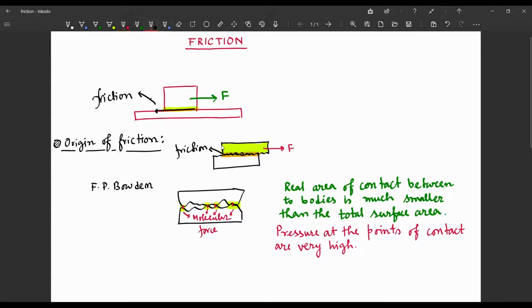Now, if the upper body is moved by an external force, then these molecular bonds break and new bonds are produced between the new contact points.